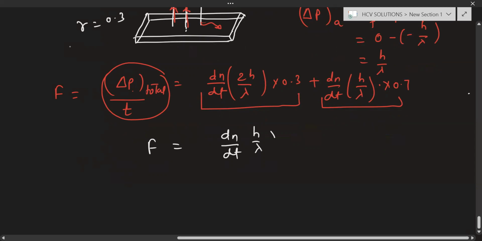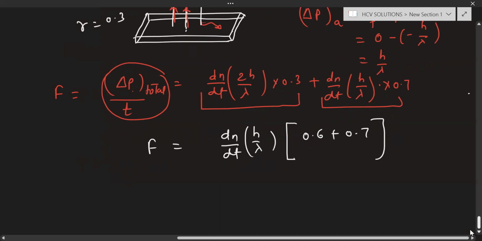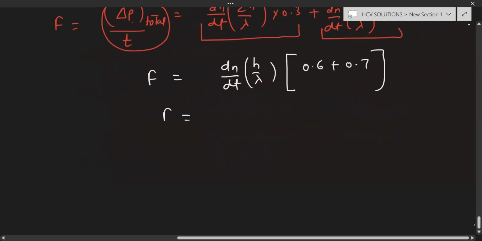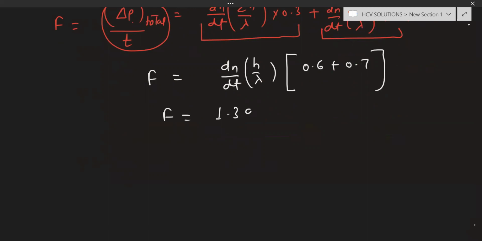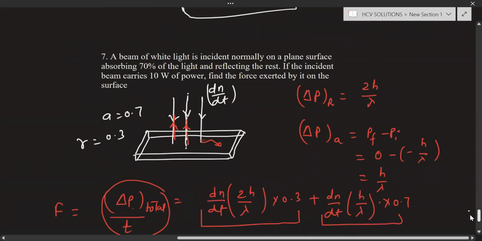We are left with 0.6 plus 0.7, so the force is 1.3 dn upon dt times h by lambda. We'll consider this as the first equation. Now the power is given.